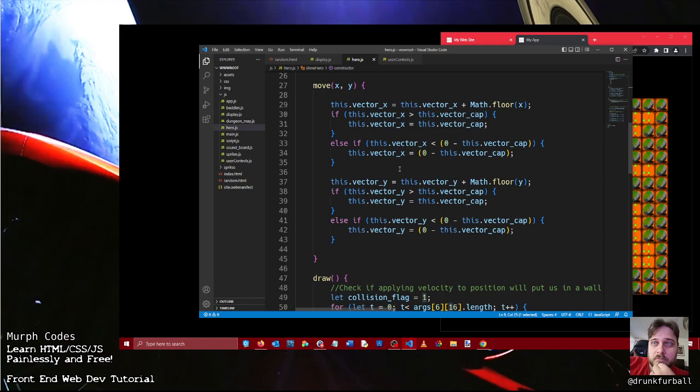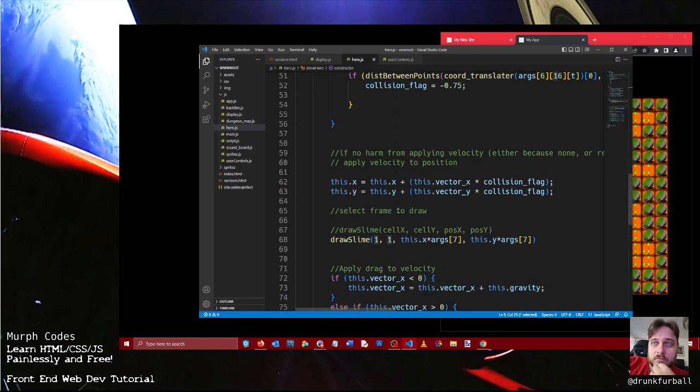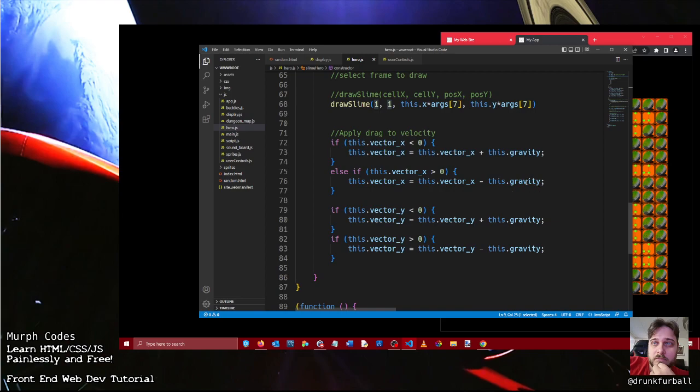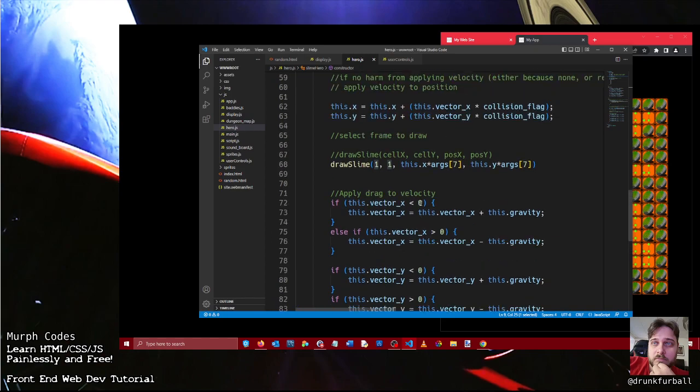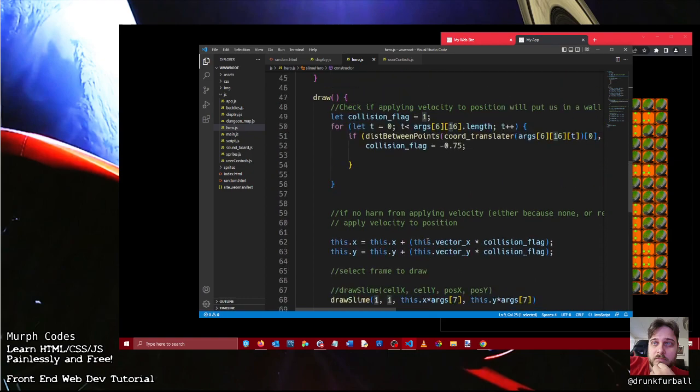I took that out. We don't need that. We still have the gravity though. It just acts as drag to the velocity here. And that gets applied every time we draw.